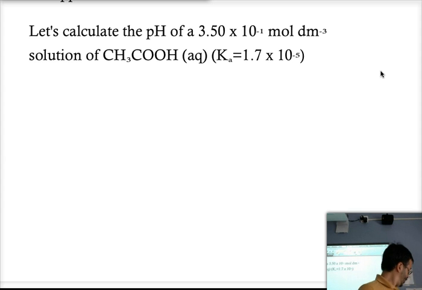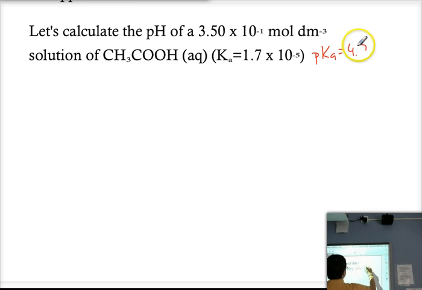If you do not know what the value of Ka is, you can check in table 15, where the values of the pKa's are given to you, all right? And the value for the pKa for ethanoic acid was given as this. Well, Ka is just 10 to the negative value of the pKa, all right?